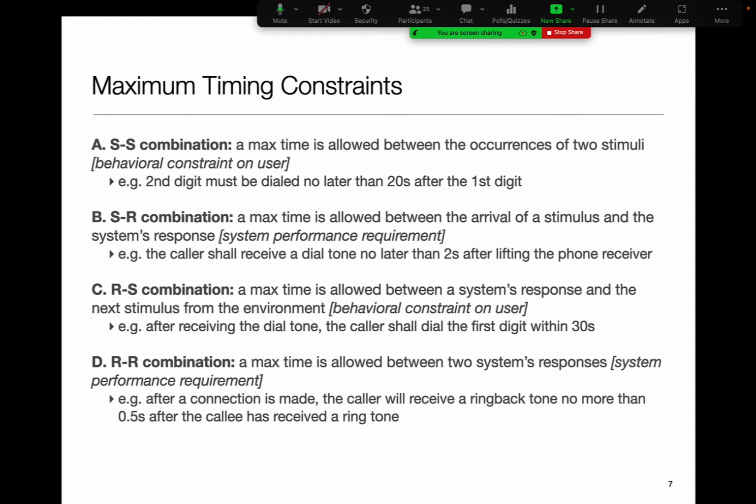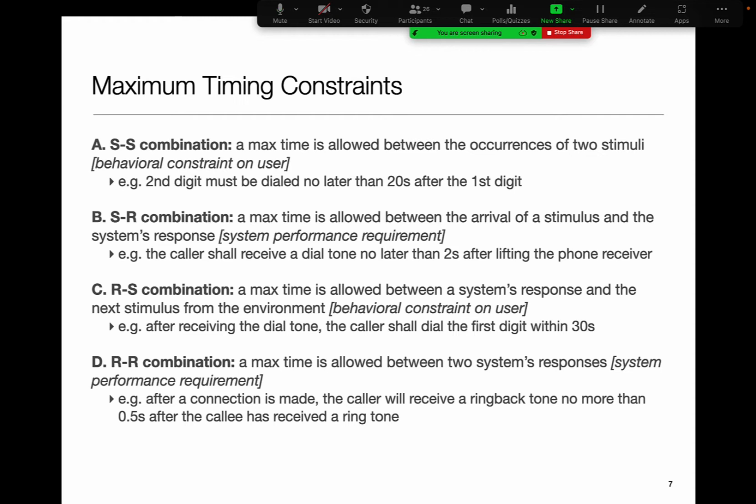RS is response to stimulus. So a maximum time is allowed from the point the system gave its response to when the next stimulus comes. And again, in this case, as you might imagine, this is really making a statement about how we expect the world or the user to behave. So the example being, after receiving the dial tone, we expect that the user will press a digit within 30 seconds.